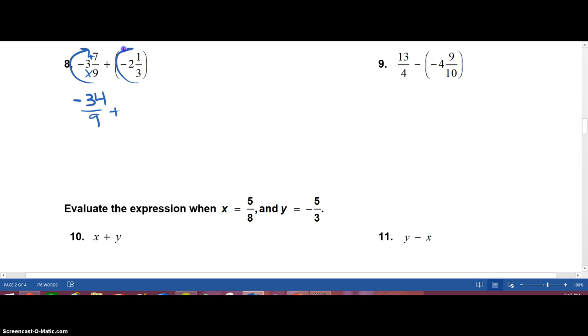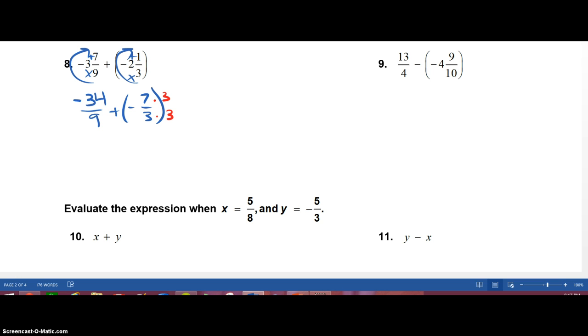plus, change this one using my big C method. 3 times 2 is 6, plus 1 is 7, so plus a negative 7 thirds. Now again, I'm doing addition, so I need to get a common denominator. My second fraction, I can actually multiply numerator and denominator by 3, and I get my common denominator there.